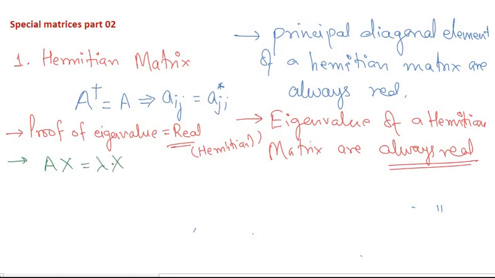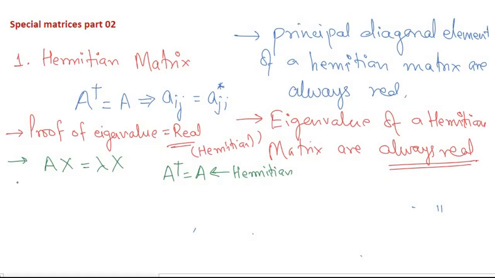So A is your matrix, lambda is your eigenvalue, and x is your eigenvector. And I'm claiming that A is a Hermitian matrix, then A dagger must be equal to A. So I'm using the definition of a Hermitian matrix on the eigenvalue equation.